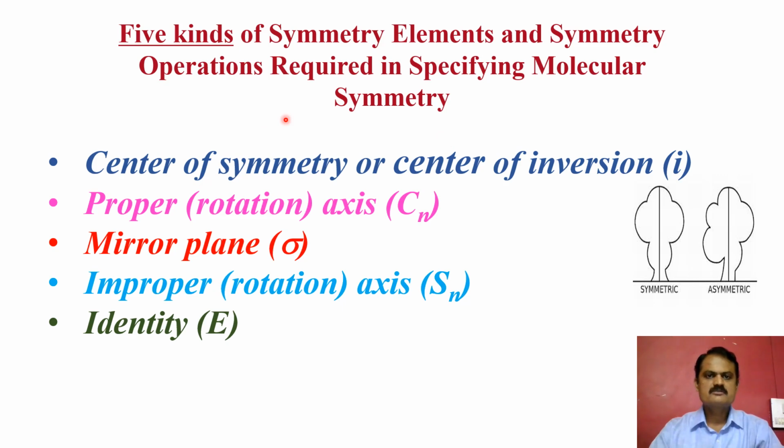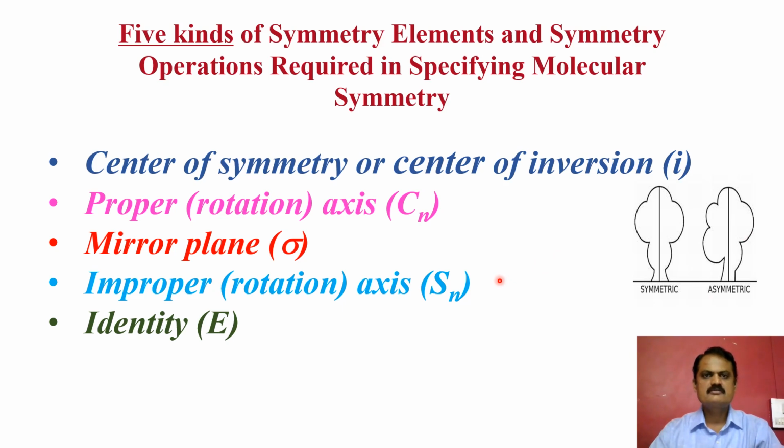When you study symmetry elements, there are a number of them: the center of symmetry or center of inversion, symbolically represented as i; then the proper rotation axis, designated Cn; the mirror plane, sigma; the improper rotation axis, Sn; and then the identity, E.